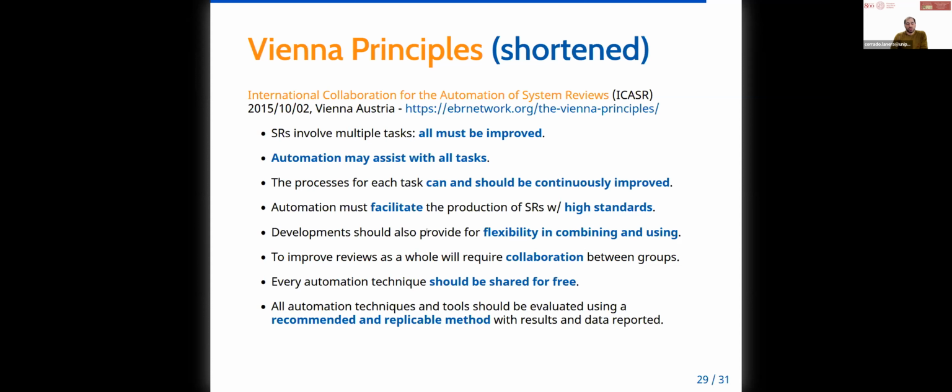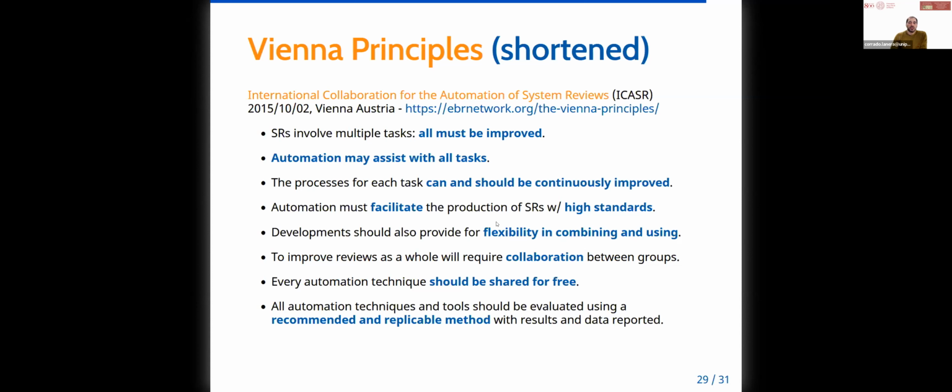But those tools should also be continuously improved. And in this improvement, you never trade standards for time or tools. So you have to improve your algorithm and your process, but maintaining high standards of quality.